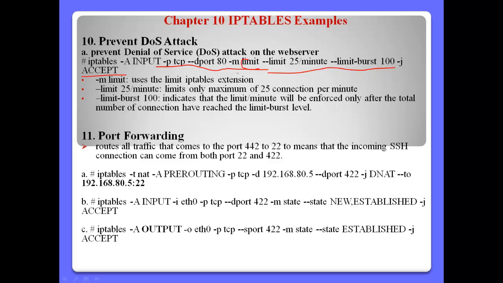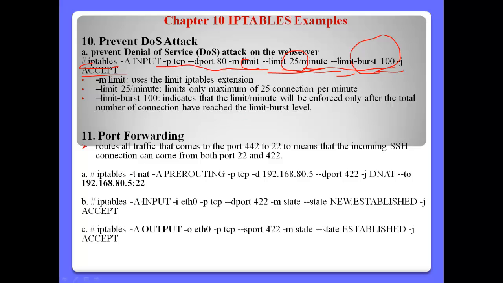It means only if the total packet number reaches 100, and after that, per minute, only 25 connections will be accepted. If the connections reach over 25 per minute, then they will be dropped. So using this kind of rule, we can protect your service from DDoS or DOS.